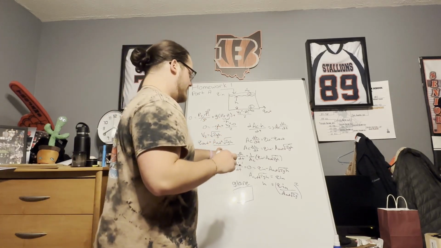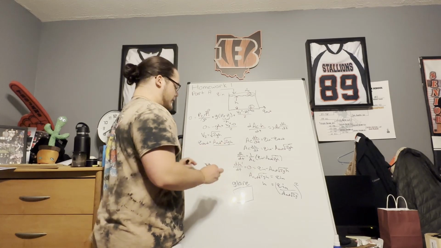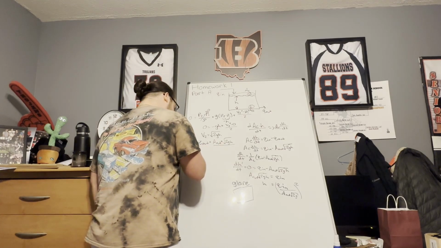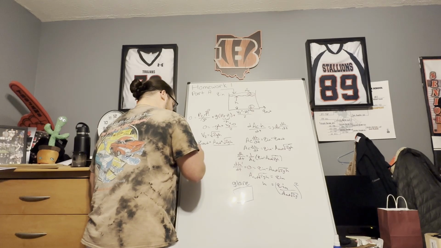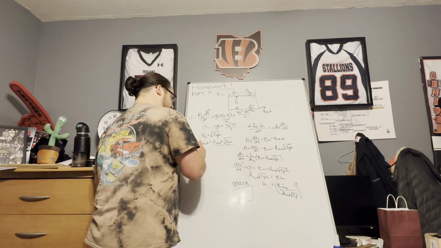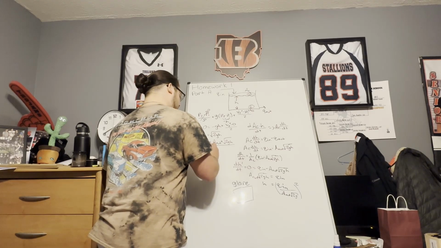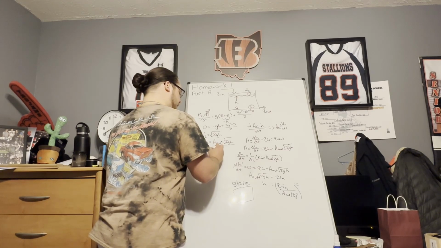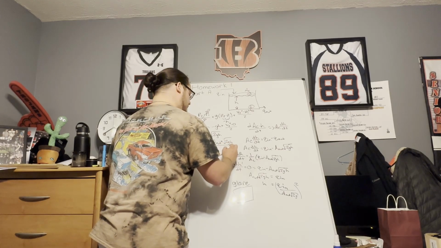So to do so, we need to come back up here and solve for just our delta h. So we will have delta h over delta t is equal to 1 over A_C times our volumetric flow rate in minus A out root 2gh.